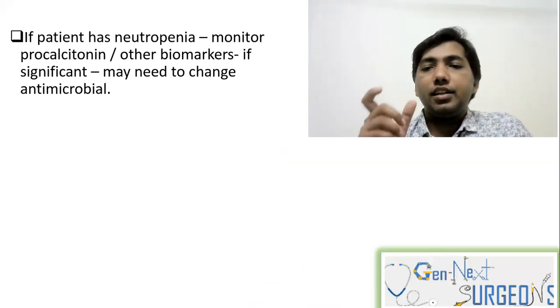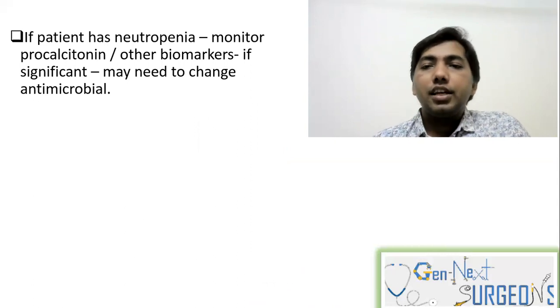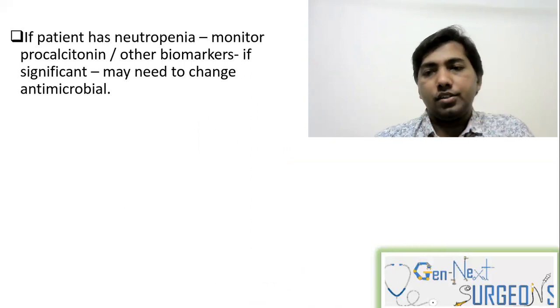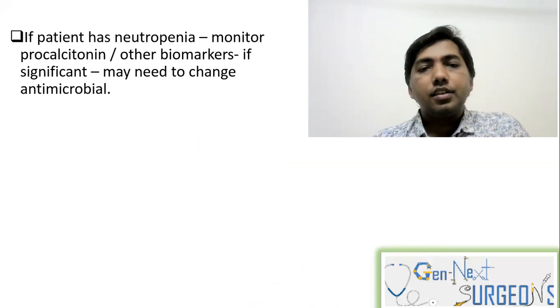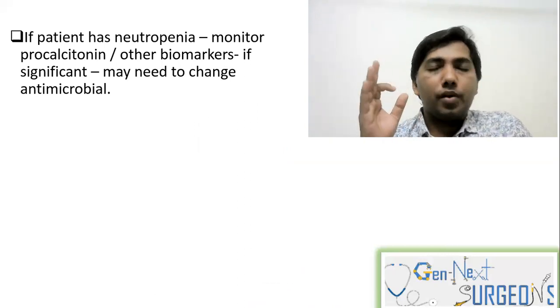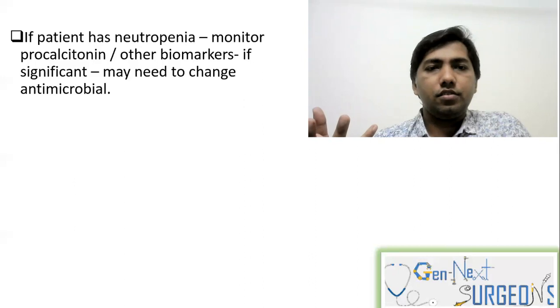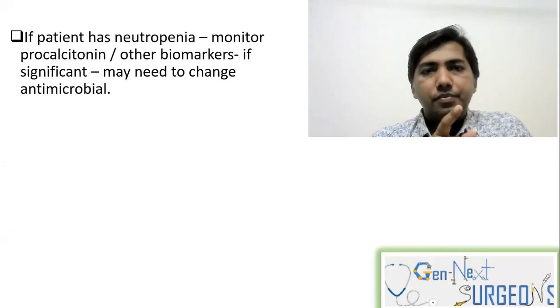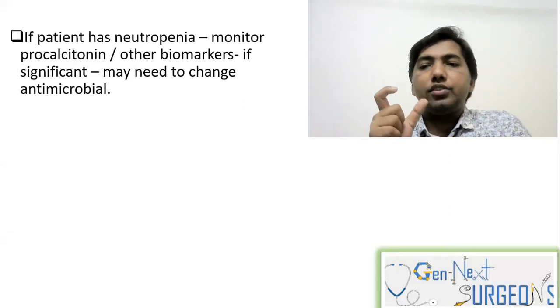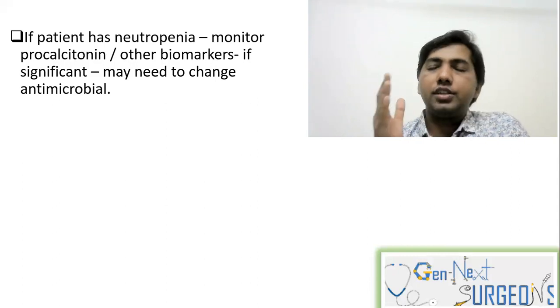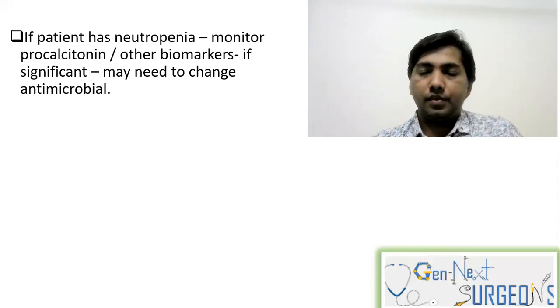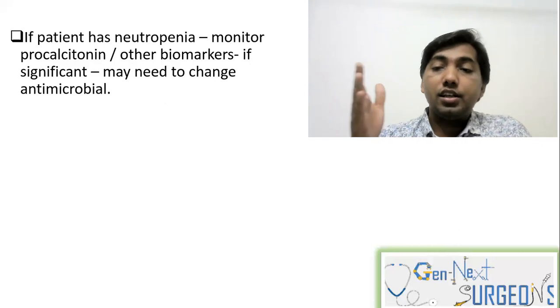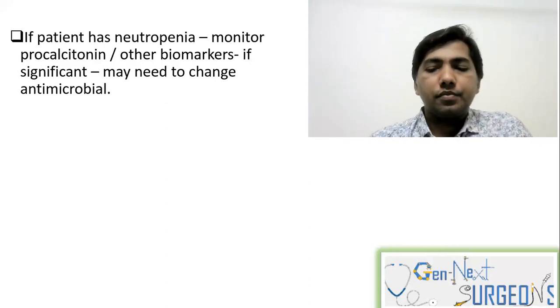And if we find neutropenia there, then we advise procalcitonin, which is written in the guideline. Procalcitonin or other biomarkers like ESR, CRP. And if the procalcitonin level is significant, then we need to change the empiric therapy.